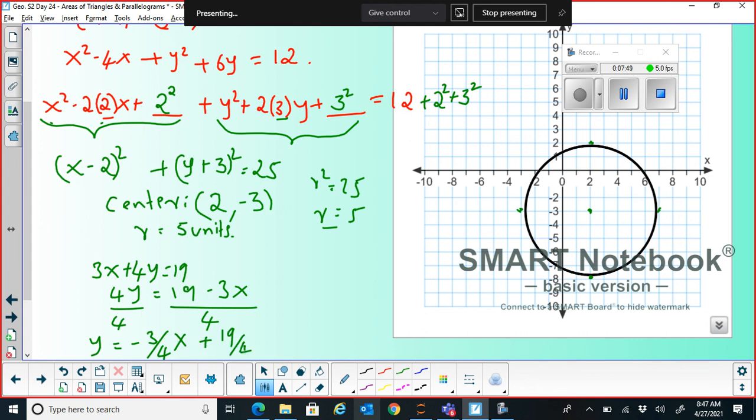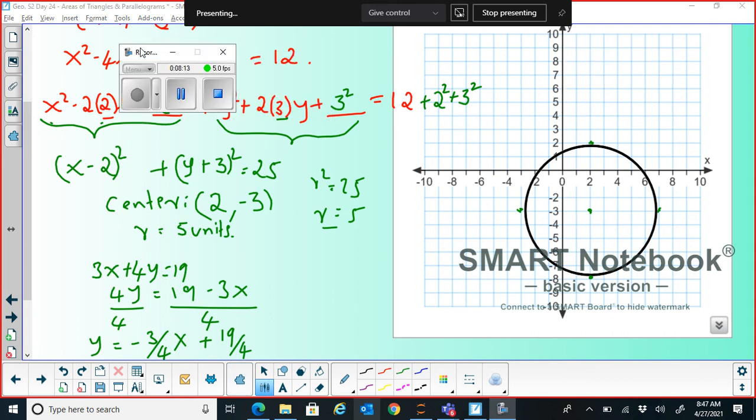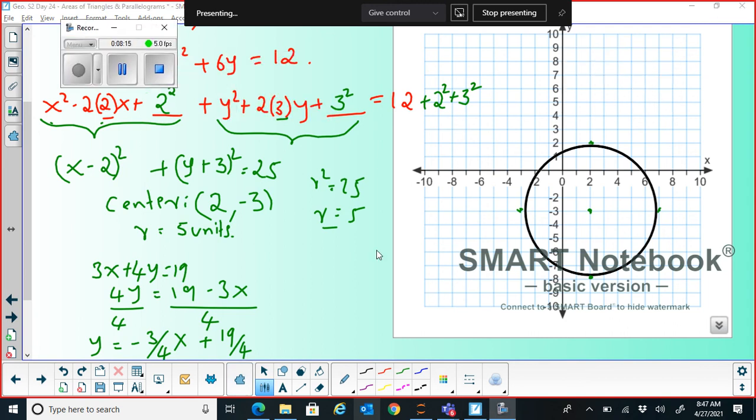To construct a line, we just need 2 points. We need 2 points on this particular equation to construct the line. Firstly, we have the y-intercept as 19 over 4, which is nothing but 4.75. So it should be somewhere over here.